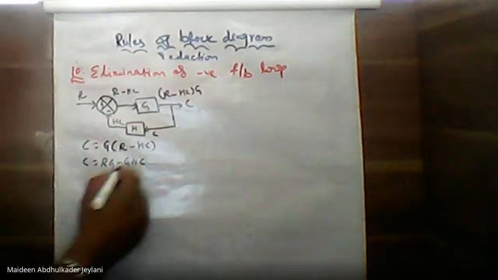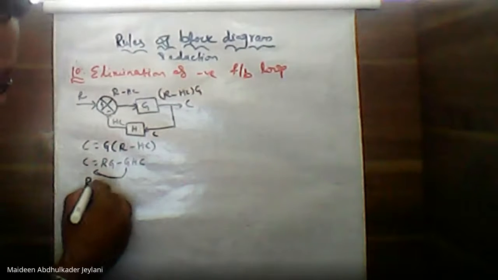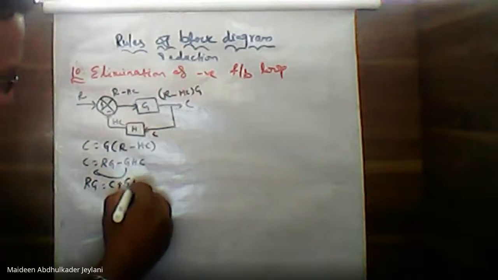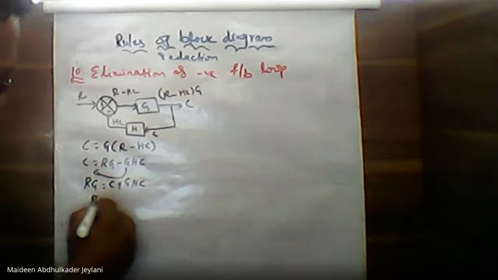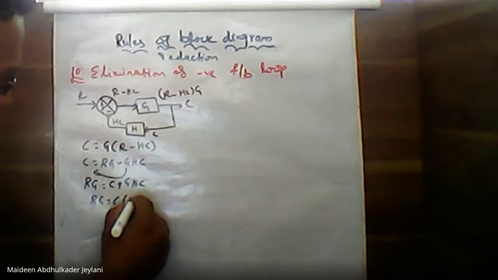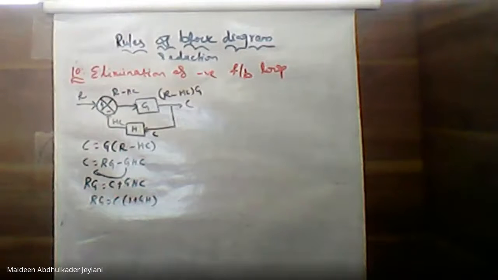Here, bring this term to this side. RG equal to, you can write C plus G into H into C. So RG equal to, C is a common term, take it outside, 1 plus G into H.